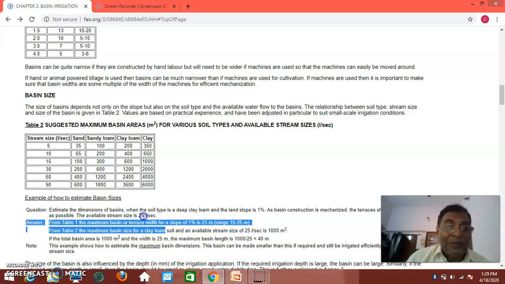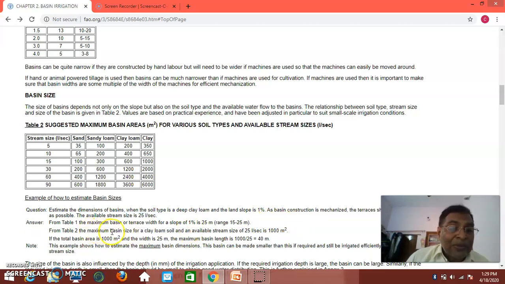Similarly, from table 2, the maximum basin size for a clay loam, as given in the question. From table 2, the maximum basin size for a clay loam soil and an available stream size of 25 liters per second, which is given here, you can see. This is table 2, the stream size 25 somewhere here.